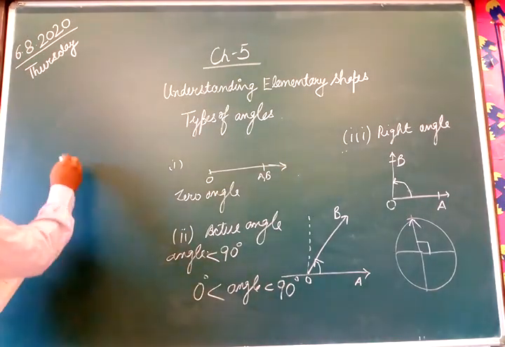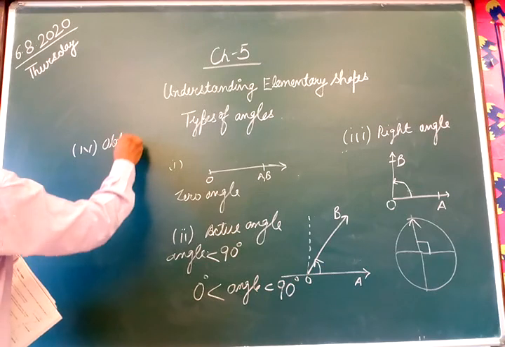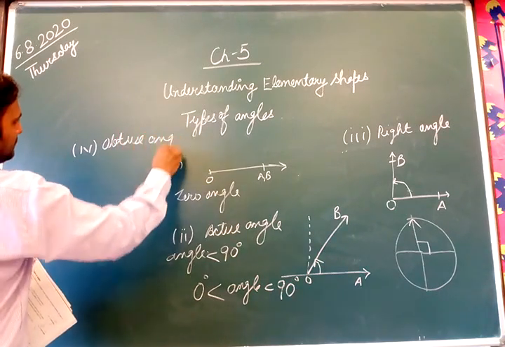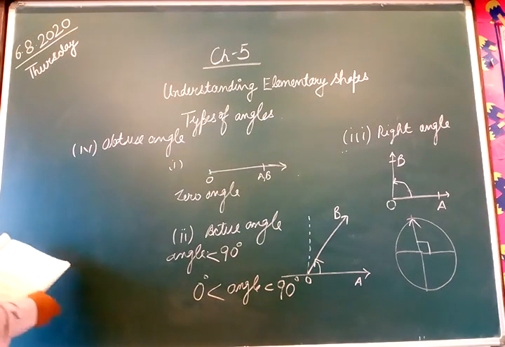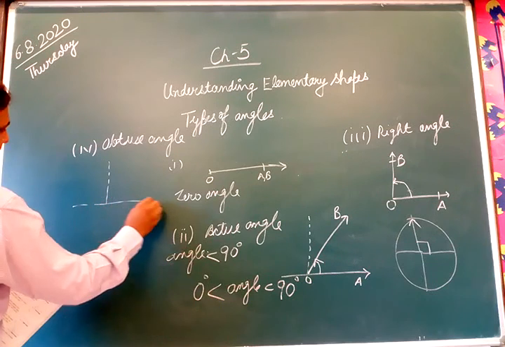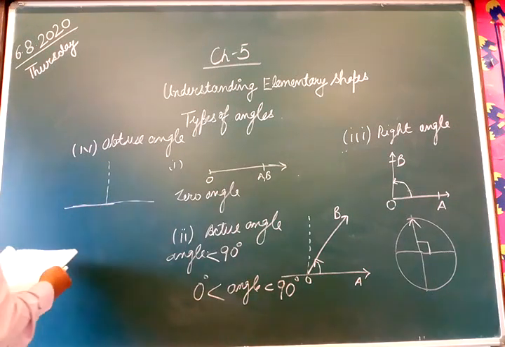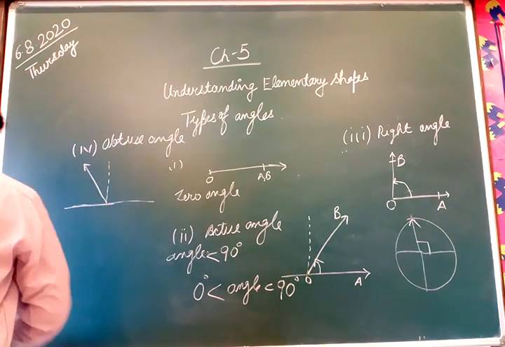Next is the obtuse angle. The angle which is greater than 90 degrees but less than 180 degrees.